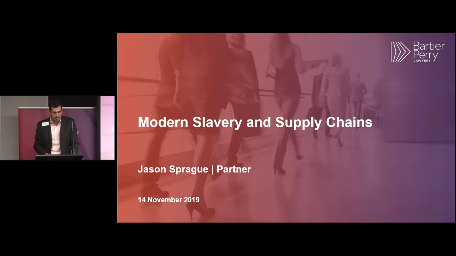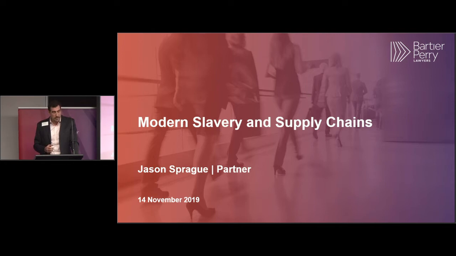at least minimise it. And just to put into perspective the size of the problem, in 2016 it was estimated that there were about 40 million people in modern slavery. That was made up of about 25 million people in forced labour and 15 million people in forced marriage.